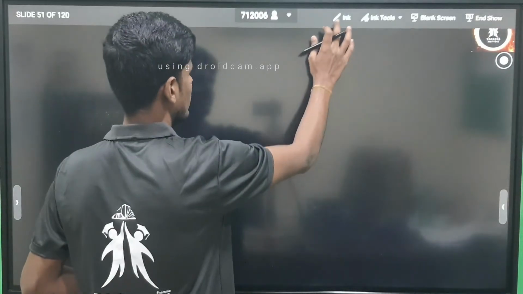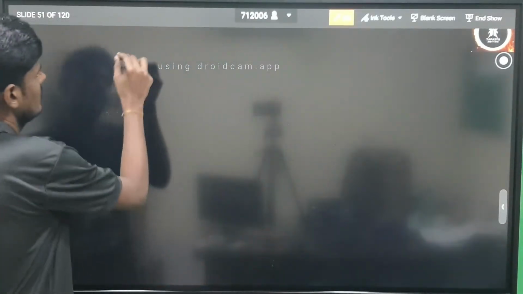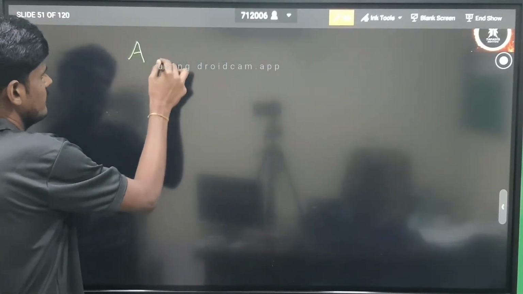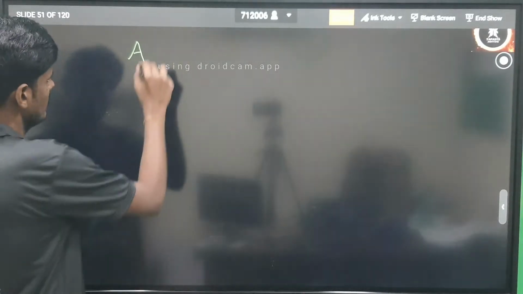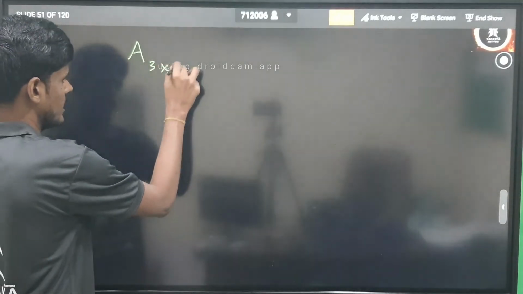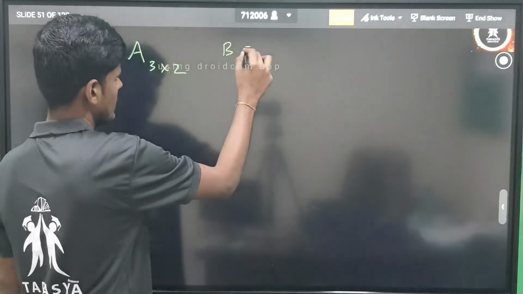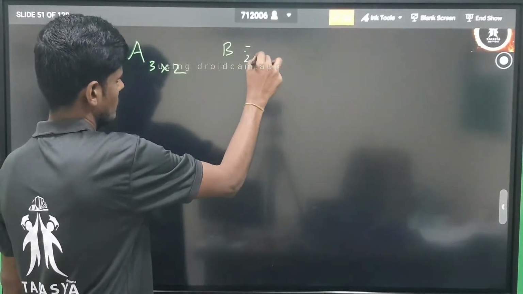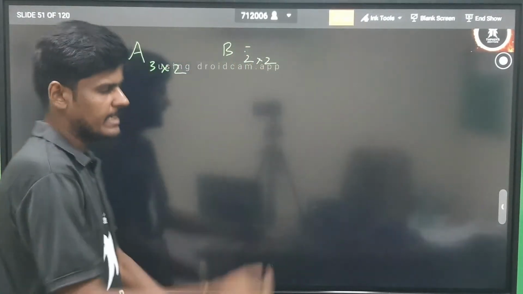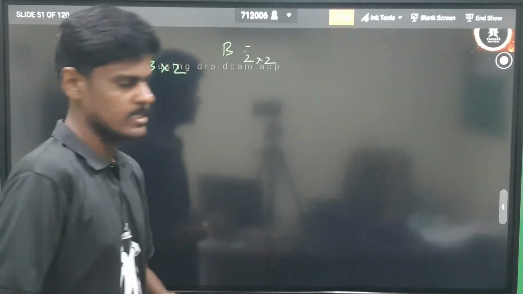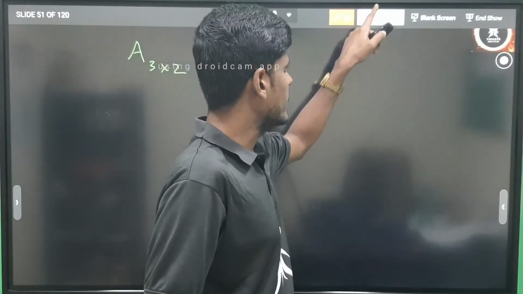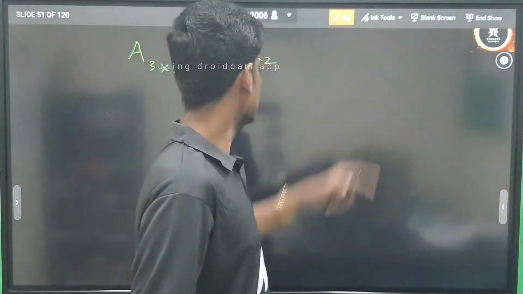I will explain with one example. Say that we have to find A into B. Let A matrix be of order 3 by 2. B matrix is of order 2 by 2. Then can we multiply these two matrices? How to identify if we can multiply the matrices?